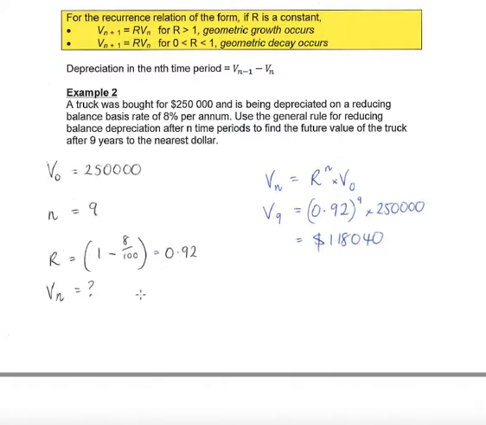So we've got all those values and we're looking for that future value here, being Vn, or V after 9 years. If we substitute those values in, we'll put that 92% or 0.92 to the power of 9 because it's 9 years, times 250,000. So after 9 years, the value of the truck would be $118,040.